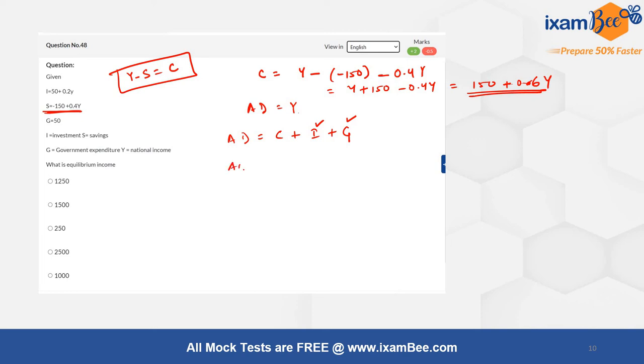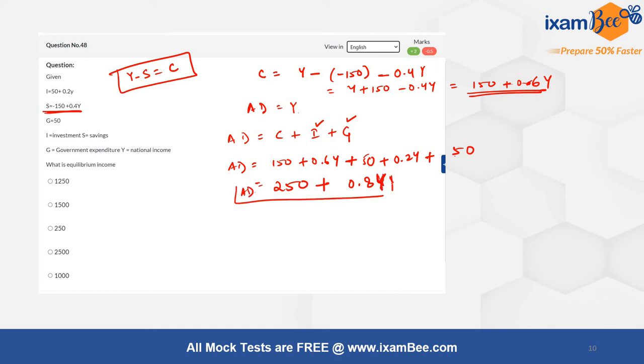So putting this, you get aggregate demand equal to 150 plus 0.6 Y plus 50 plus 0.2 Y plus G, which is the 50 government expenditure. So the total aggregate demand would be 150 plus 50 plus 50, which is 250 plus 0.8 Y, right? This is my total aggregate demand.